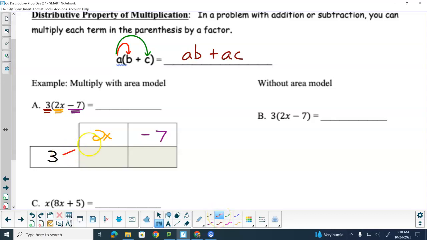Then we multiply these. 3 times 2x comes to 6x. 3 times negative 7 is negative 21. Then we combine those two into one line that says 6x minus 21.